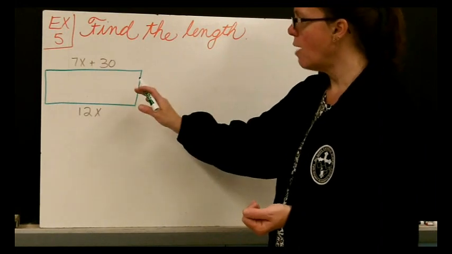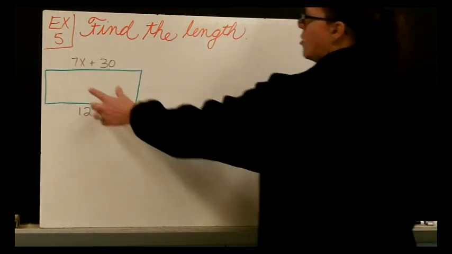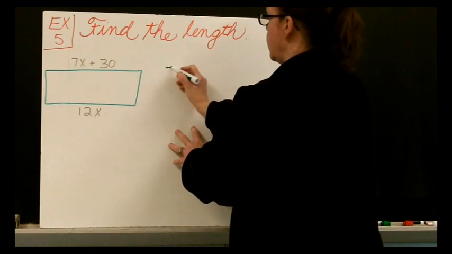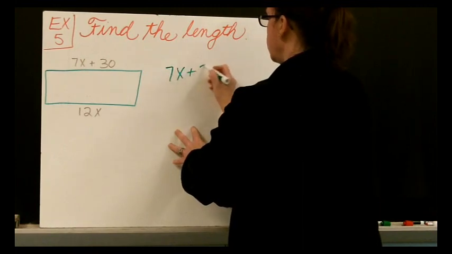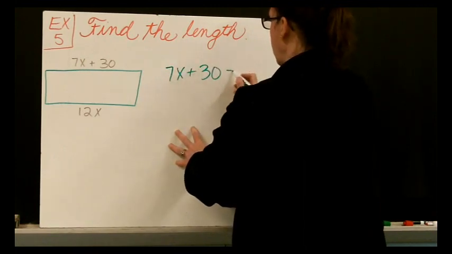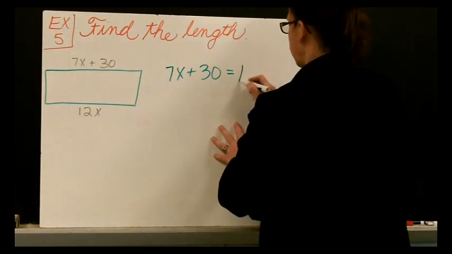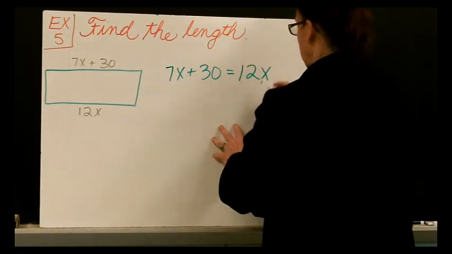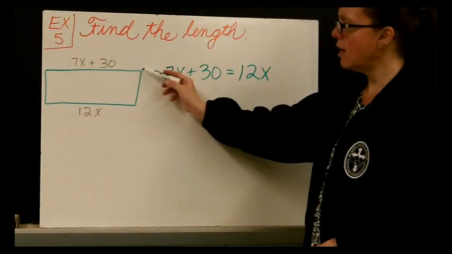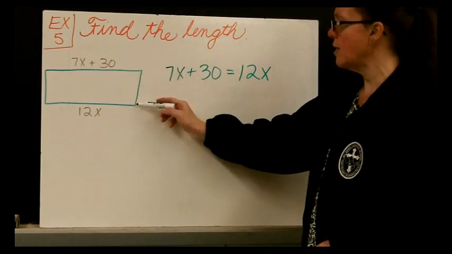So when you see a problem like this, you would take the one length, 7x plus 30, and you will make it equal to your second length, because the length of this side is equal to the length of this side.